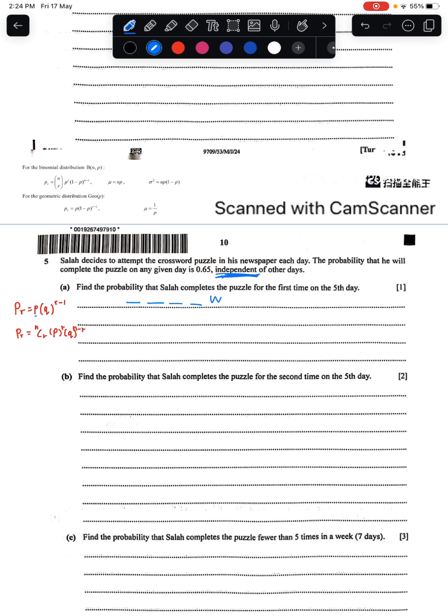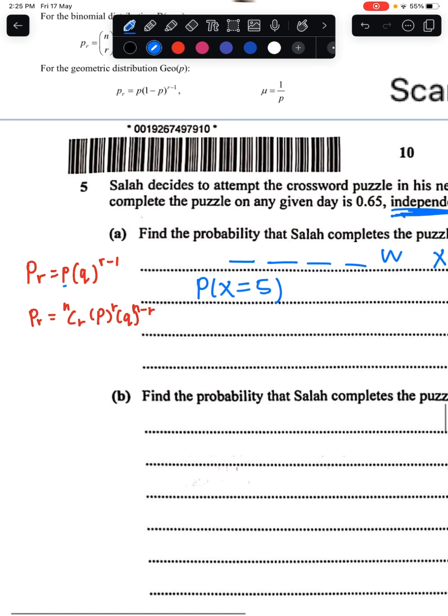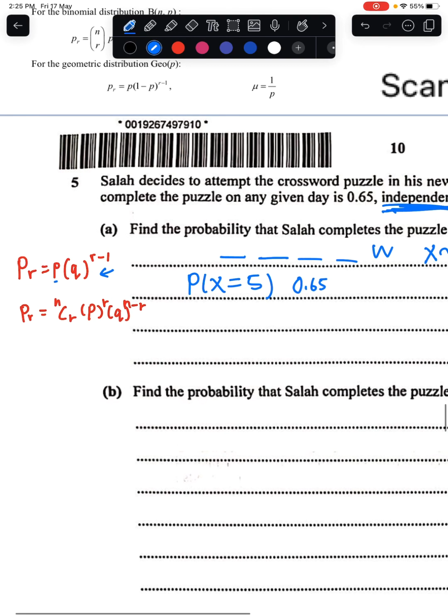You should recognize this is a geometric distribution. So X follows geometric 0.65, and then the probability of X equals 5 is, you can see the formula here. P is 0.65, and then we got Q. Q is 1 minus 0.65, which is 0.35, to the power of r minus 1.